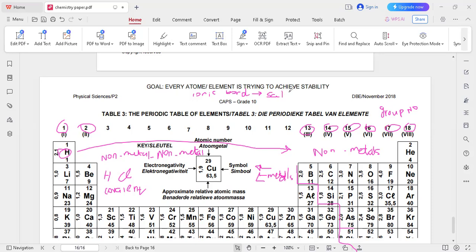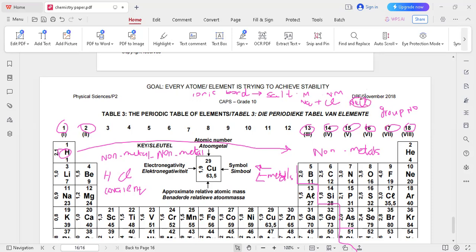In other words, a non-metal and a metal. For example, sodium, being a metal, plus chlorine, a non-metal, forms sodium chloride. What is sodium chloride? Table salt. The salt that you have for lunch or that is put in your food, that's sodium chloride.